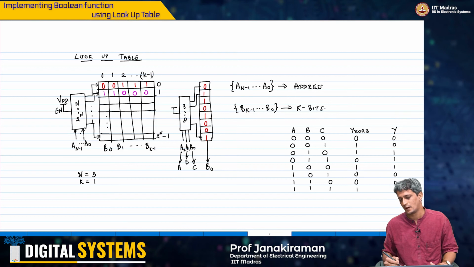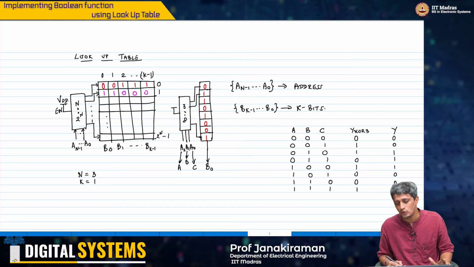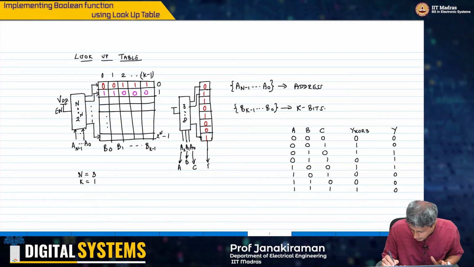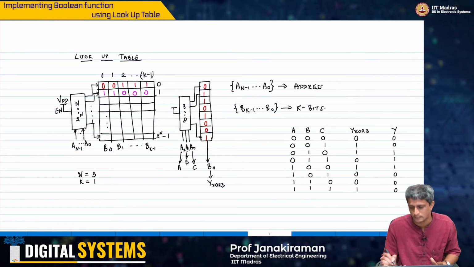So all I had to do was to simply load this and I would get B0, which I would call Y XOR 3.